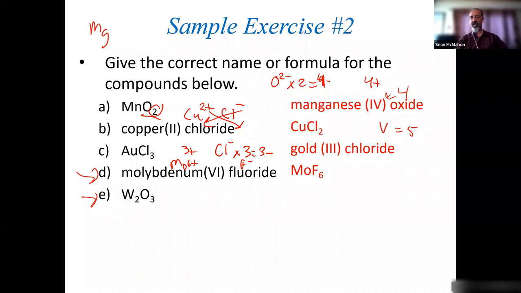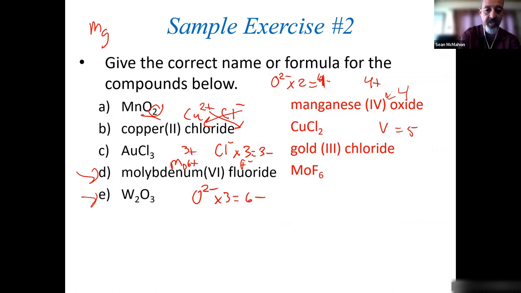So then last but not least, I try to find W. I need a W. I need a W in this class. I look, it's in the valley, okay? I don't want to remember the Latin word. I'm just going to use the stock system with Roman numerals. I don't have to memorize tungsten's charges because I know oxygen is 2 minus and there's 3 of them.